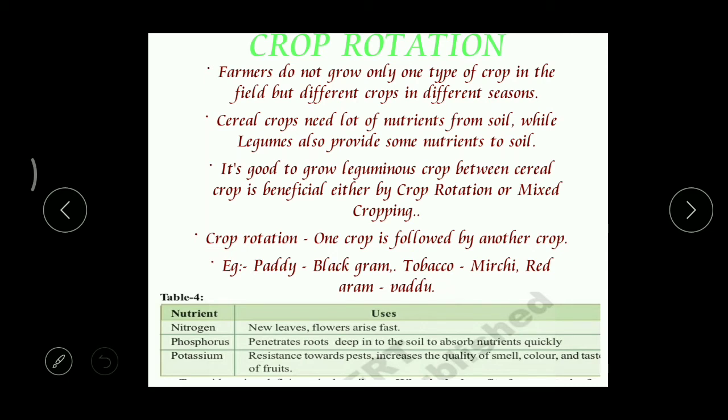The crop is over. Then in the next season after the rice, the farmer should not grow the same rice. Instead of rice, he can go for another one, for example, groundnut. And when the groundnut is over, again he may go for rice or any other crop.